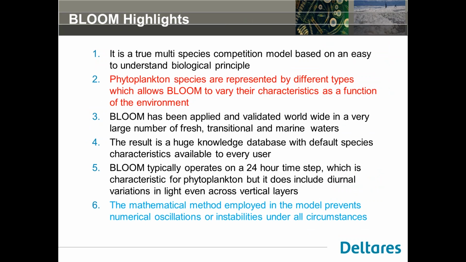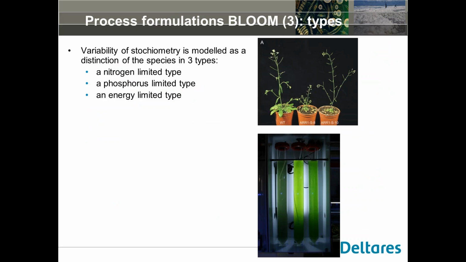So what about these types? Why are they important and how do we deal with those in the model? Variability of stoichiometry is modeled as a distinction of the species in 3 different types: a nitrogen limited type, a phosphorus limited type, and an energy limited type. And you can regard those types as representative for the state a species will be in under prolonged conditions of limitation of this particular factor.